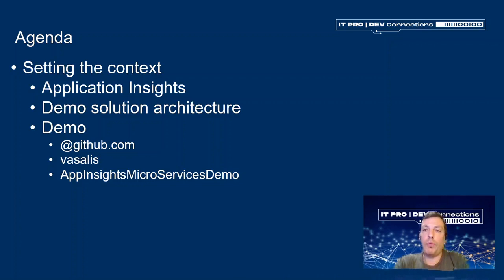Most of the time of this session is going to be around the demo, showcasing how you can use Application Insights to monitor a microservice design pattern and run that either in the platform as a service flavor of Azure or in a Kubernetes cluster on AKS, Azure Kubernetes Service. So we're going to set up what I'm going to use for a demonstration and then move right into the demo.